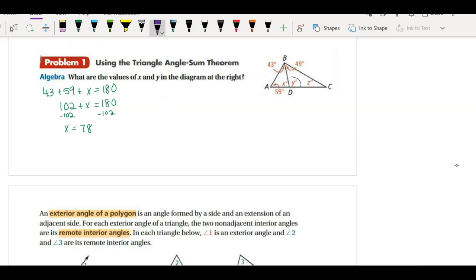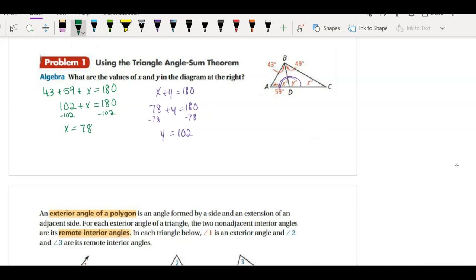Now, for this one, I know that that forms a linear pair. So I'm going to say x plus y equals 180. So x is equal to 78, plus y equals 180. Subtract 78 from both sides. So y is equal to 102. And now let's go ahead and find z just because.